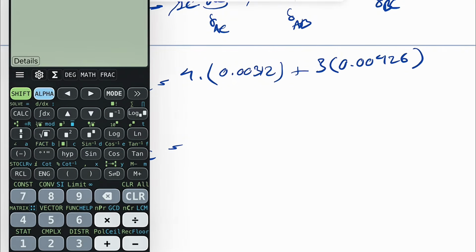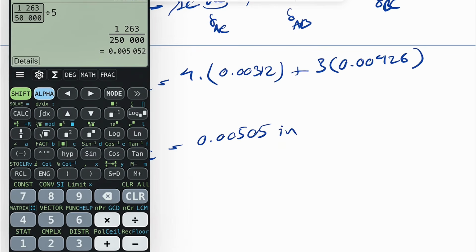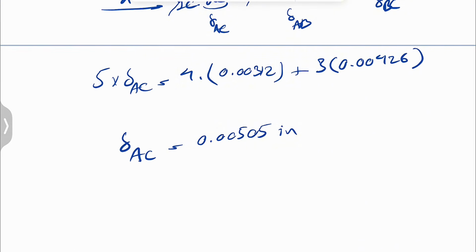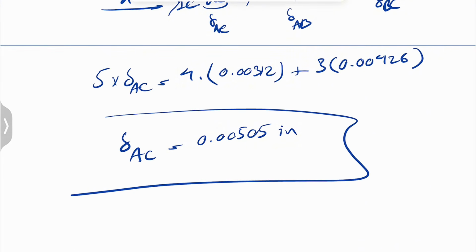So let's calculate: 4 times 0.00312 plus 3 times 0.00426, divided by 5. This gives us 0.00505 inches, and that's the answer for part C of the question.